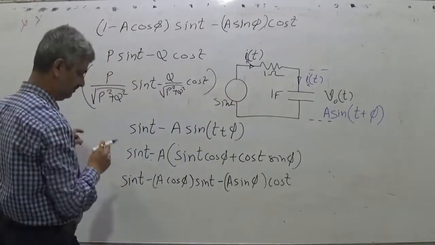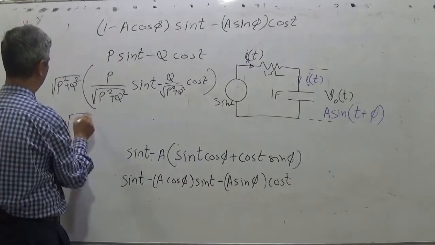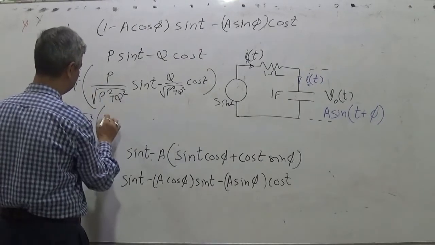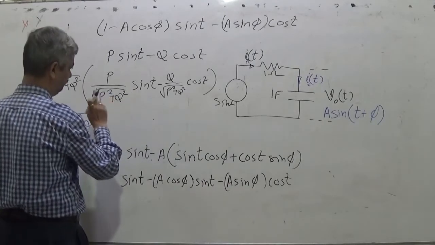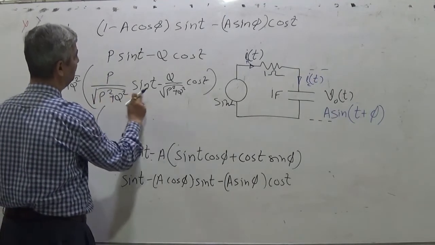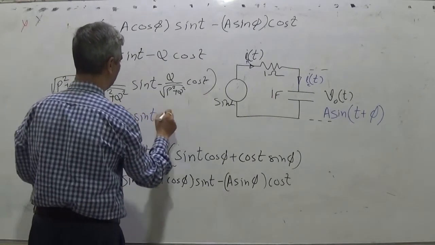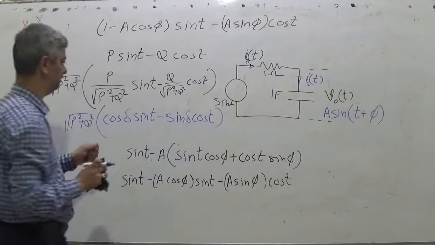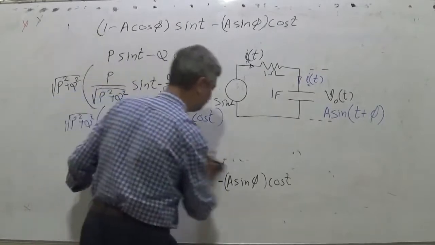Now you can assume, you have freedom, cos delta sin t minus, obviously, sin delta cos t.